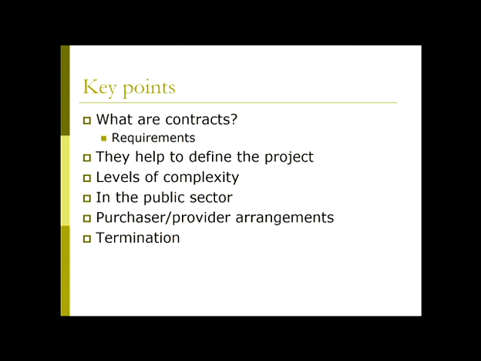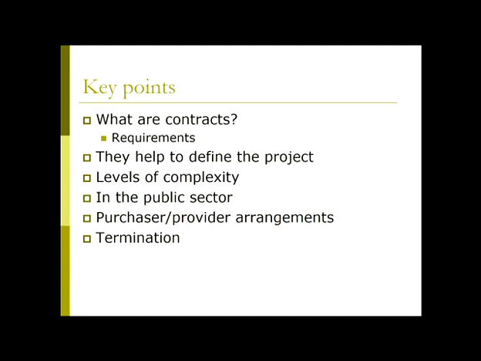Okay, so the key points that we've looked at in our discussion so far is what are contracts and what are those 6 requirements of a contract? How a contract helps to define a project in terms of the time, costs and quality along the way.